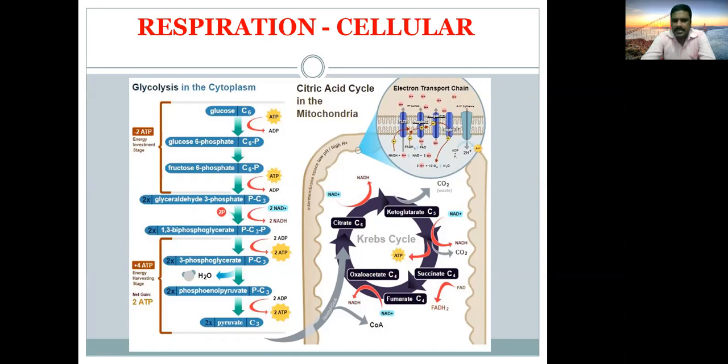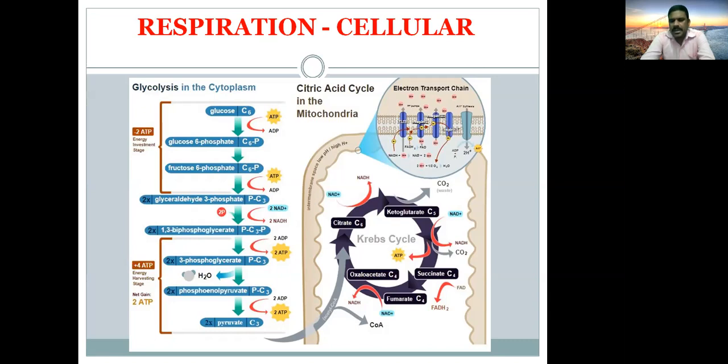For that purpose, in glycolysis, a 6-carbon glucose will be broken down into 2 pieces. Each piece has 3 carbons, and those 2 pieces are called pyruvic acids. So in glycolysis, one glucose with 6 carbons is broken down into 2 pyruvic acids, which have 3 carbons only. A bigger molecule is broken down into 2 simpler molecules.